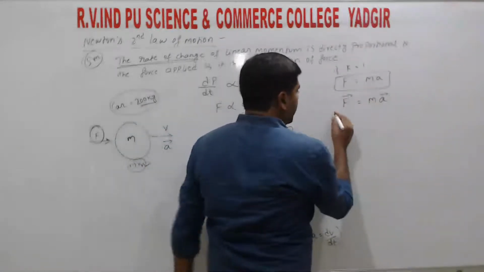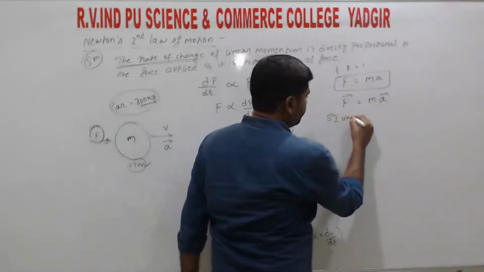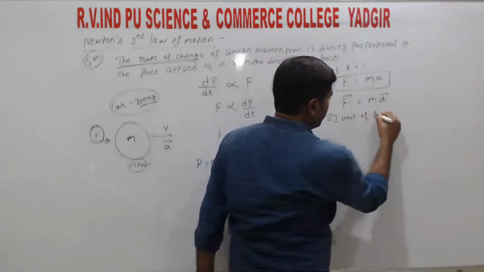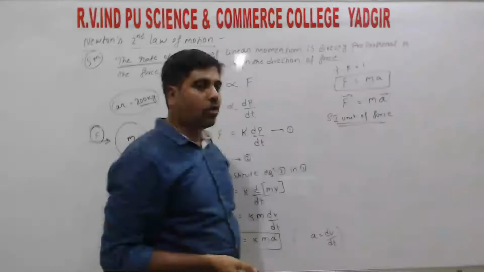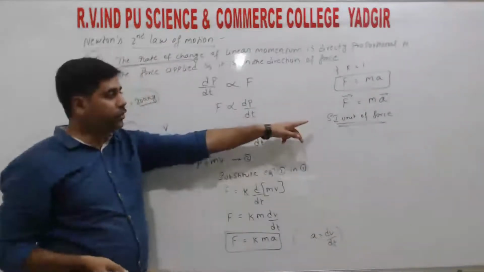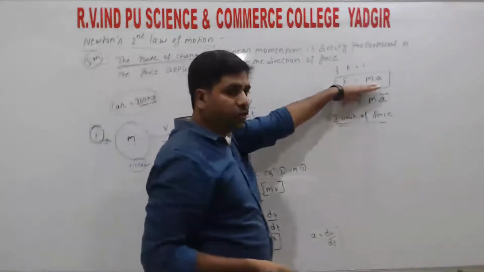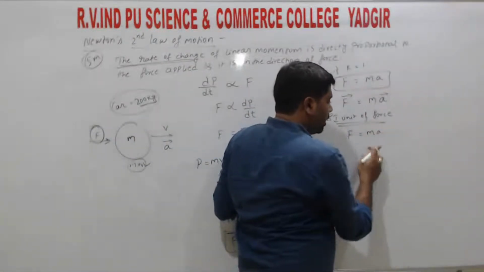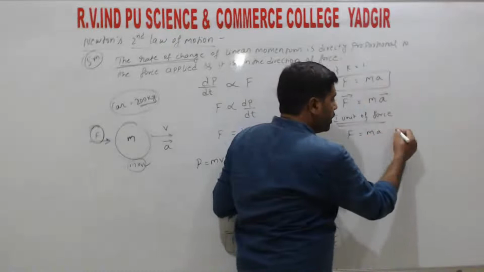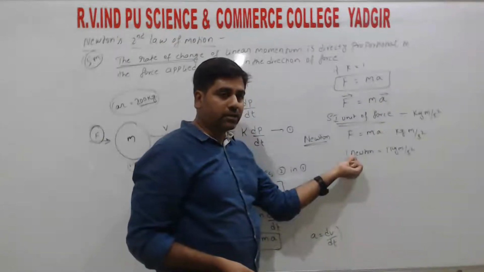So next, SI unit. SI unit of force. Again, by using the formula we are going to give the SI unit, right? So force F is equals to ma. So the SI unit of mass is written in small letters, right?